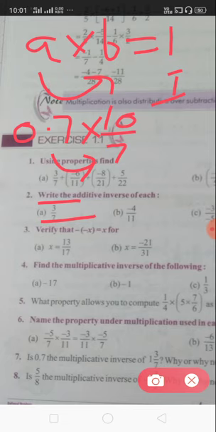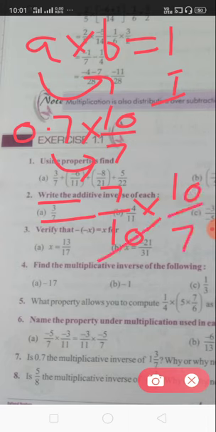Now simplify it. How will we simplify this? Remove the decimal here, so what you will get is 7 upon 10 into 10 upon 7. 10 and 10 cancel, 7 and 7 cancel, 1 upon 1 means 1, so you will get 1. And what is 1 here?